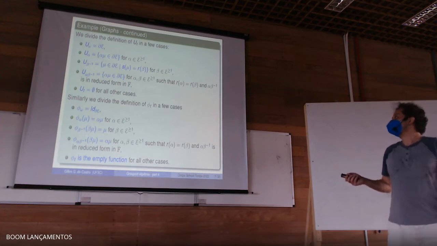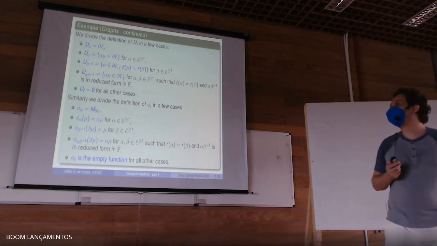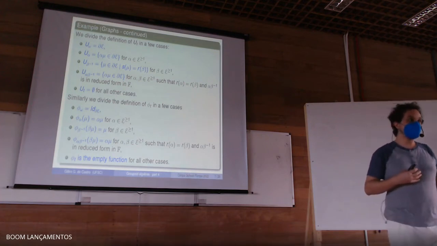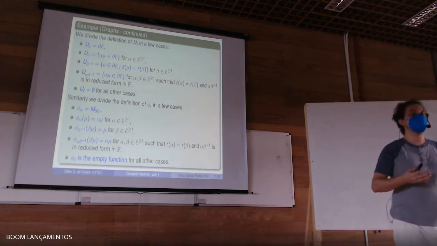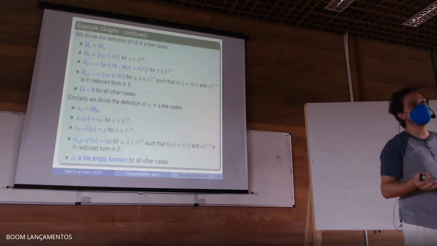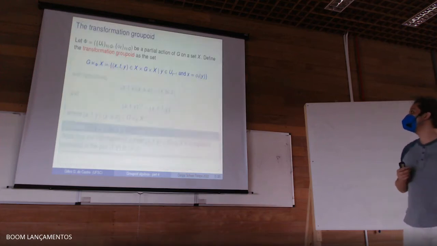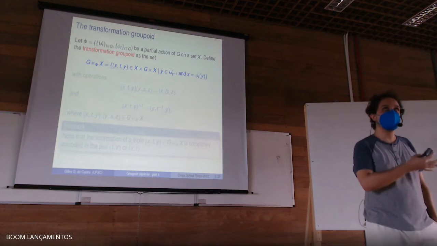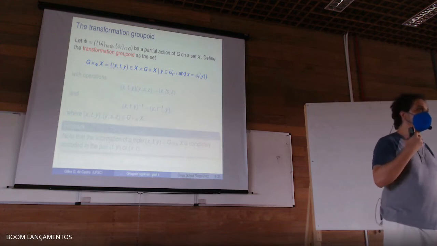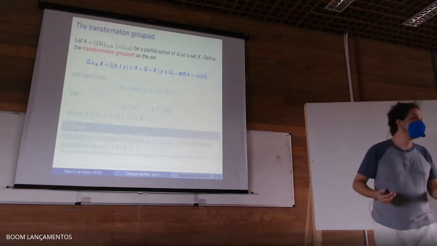Okay, so now I have a partial action. What else can we do with that? We can try to add more structure on the partial action. So for instance, this boundary path space actually has a topology, so we can try to consider topological partial actions. And also, when we were talking about the action of groups, there was a notion of transformation groupoid, and we can also do the same thing here.